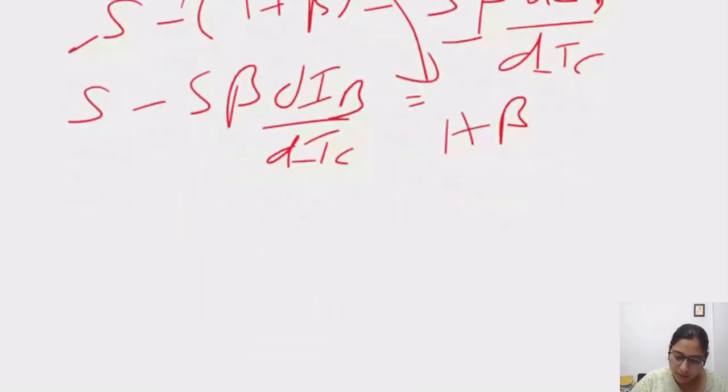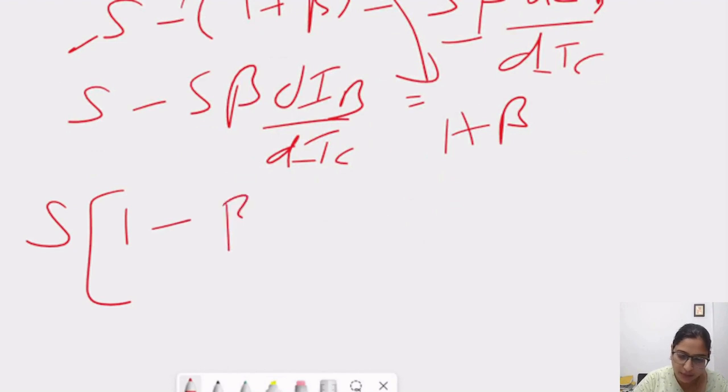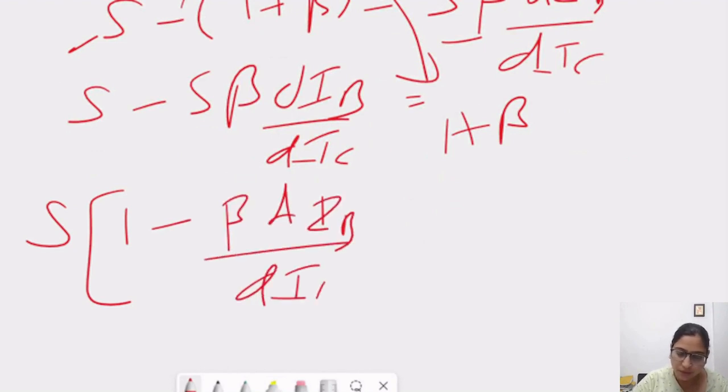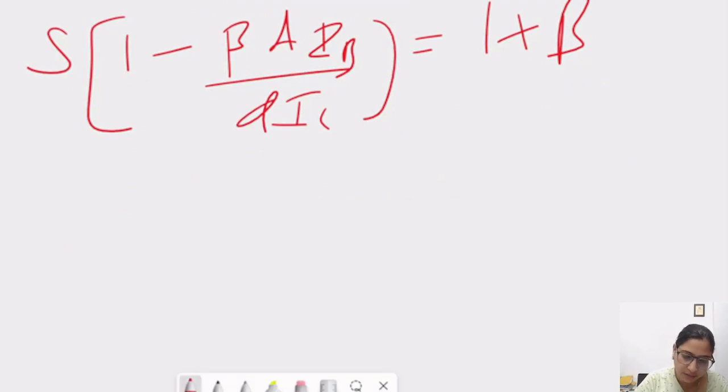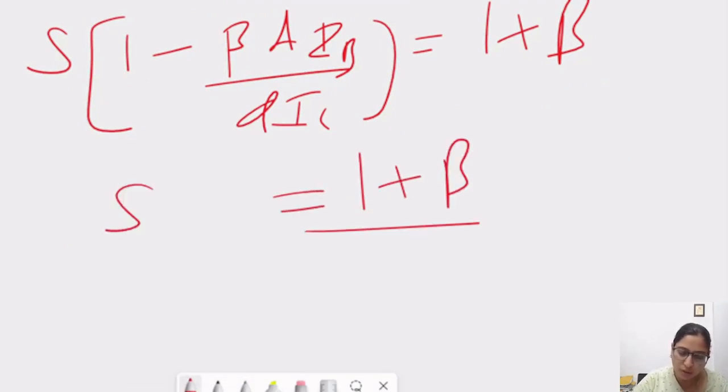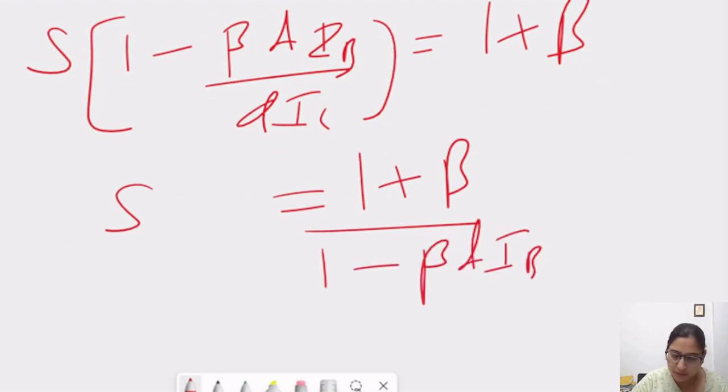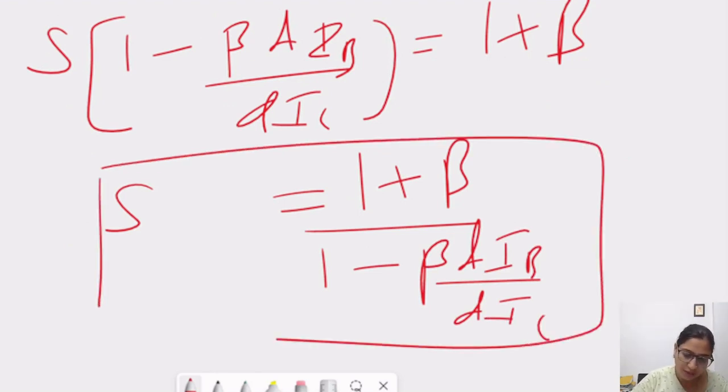Now if we calculate further, we can take S common, and this becomes S times (1 minus beta dIB upon dIC), which is nothing but 1 plus beta. So at last, our S is 1 plus beta upon the whole term, 1 minus beta dIB upon dIC. So this is the final equation for the stability factor.